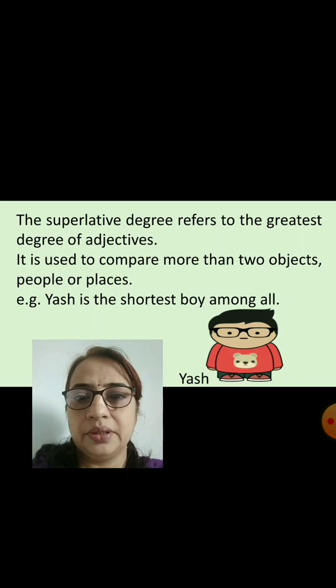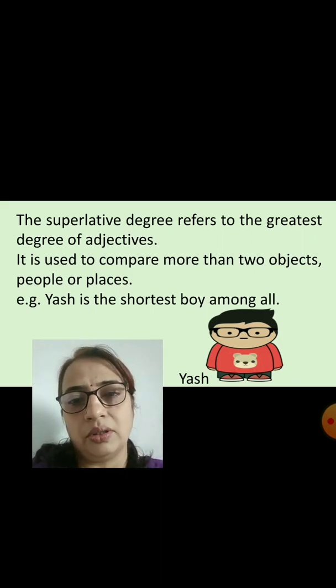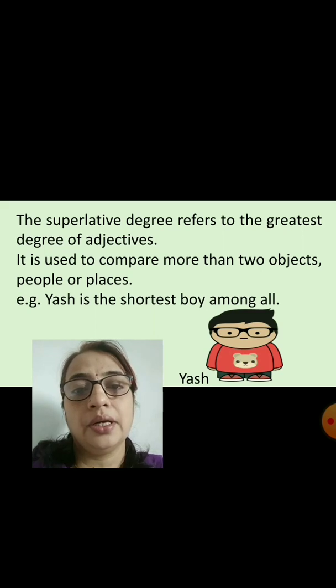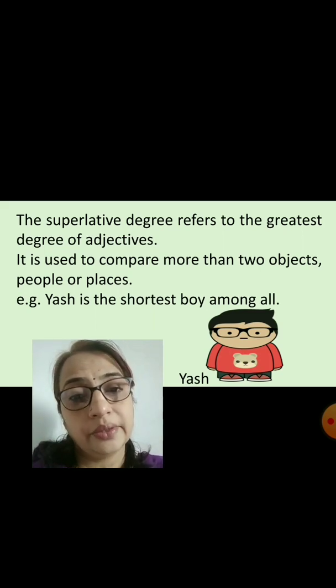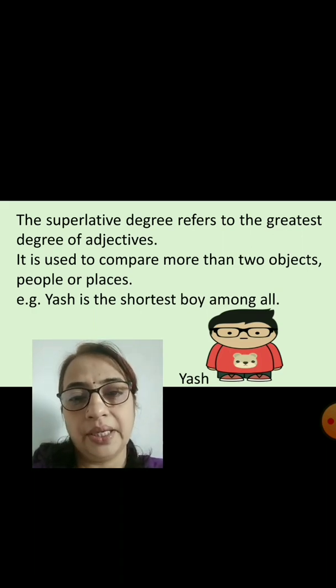Let's see the example. Yash is the shortest boy among all. See the sentence again. Yash is the shortest boy among all. Here we are comparing Yash with other boys. We are comparing his height with the other boys.